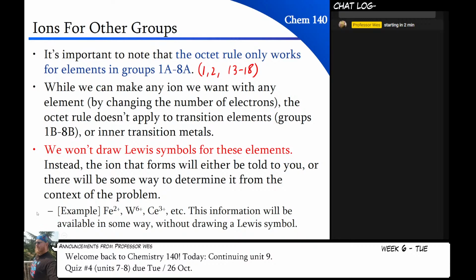Okay, so the only Lewis symbols that I'm going to ask you to draw will be for elements that are in groups 1 through 8A. So no Lewis symbols for transition metals or inner transition metals. It's not something that's useful to do because it doesn't really model anything helpful. We're going to use a different model later on to explain those phenomena.